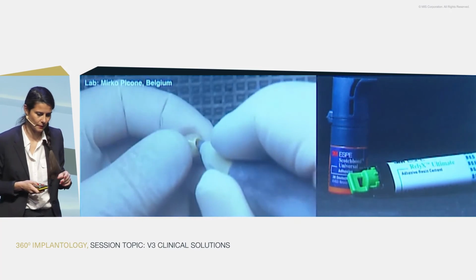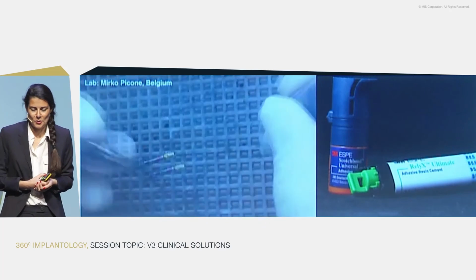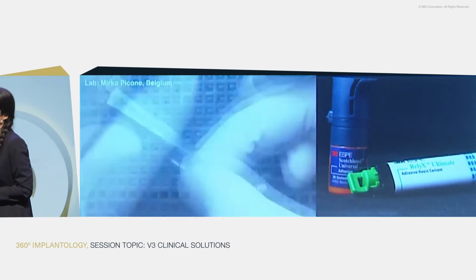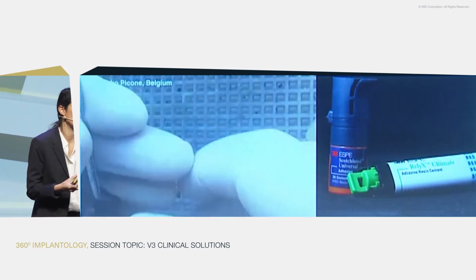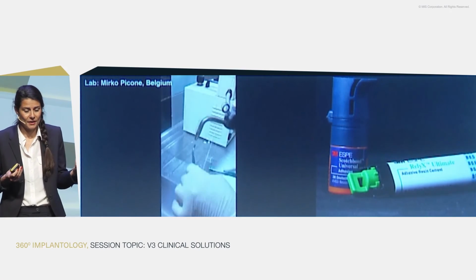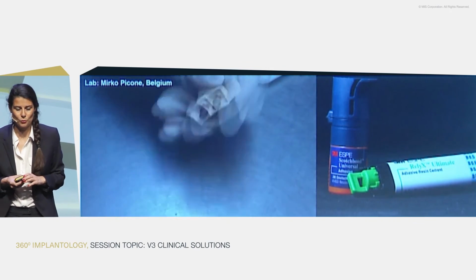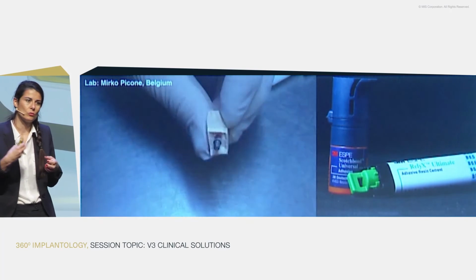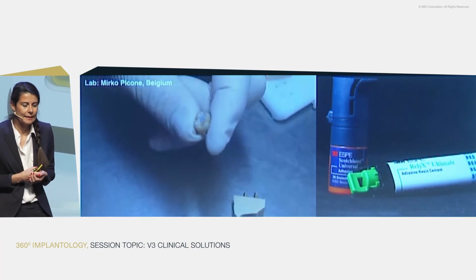So we see that it's actually a good anatomy. As Victor did, I also want to stress that this is the full responsibility of the lab to do the gluing. In our case, we do the sandblasting, but we also protected the transgingival part because we don't want to leave some glue there, and we want to make sure that we can clean it very easily.